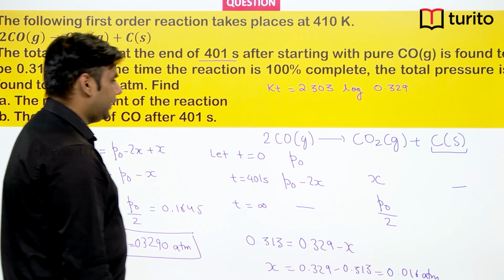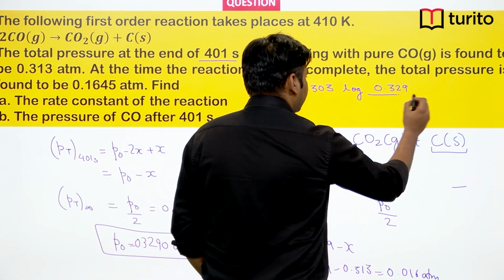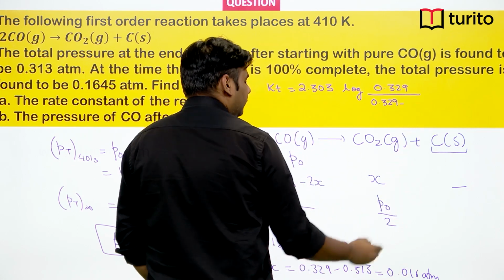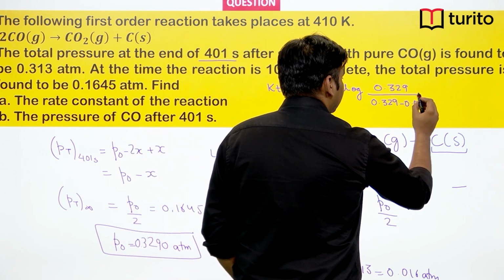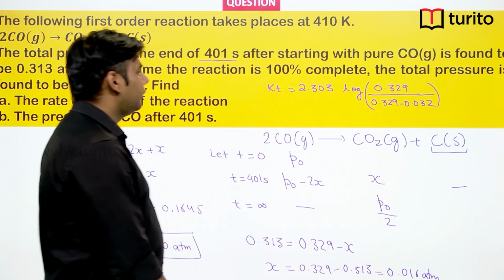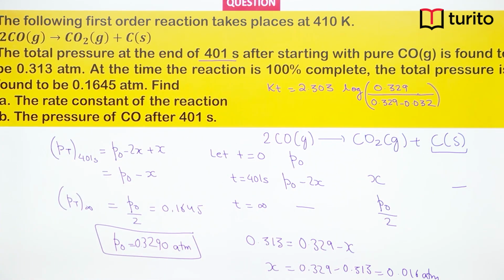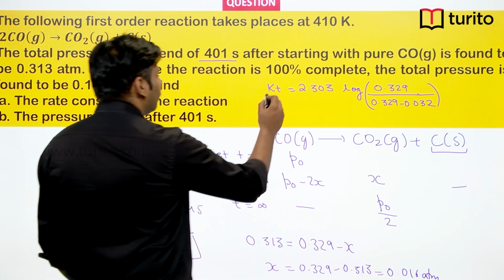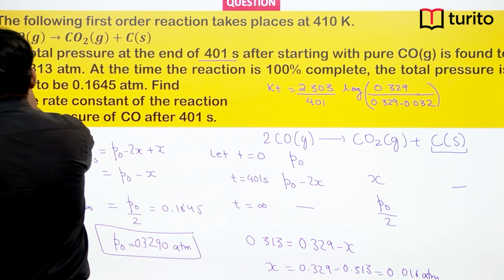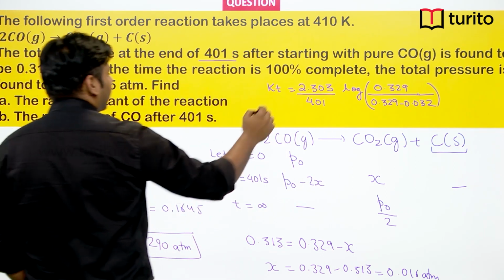So P naught minus 2x would be 0.329 minus 2x, if you just do the calculation. Okay, so this would be the value of the rate constant. Because we are doing it for 401 seconds, just take t as 401 over here. So we will get the value of the rate constant per second.